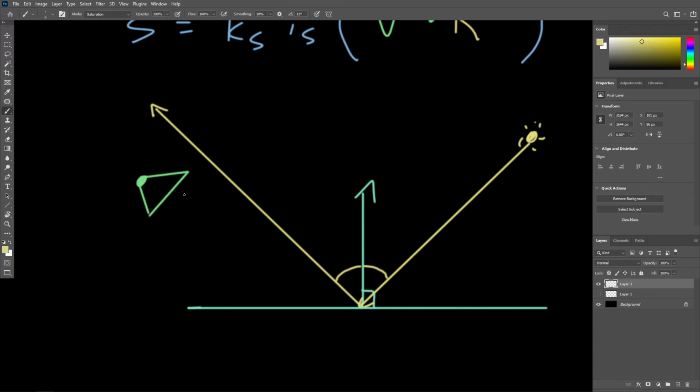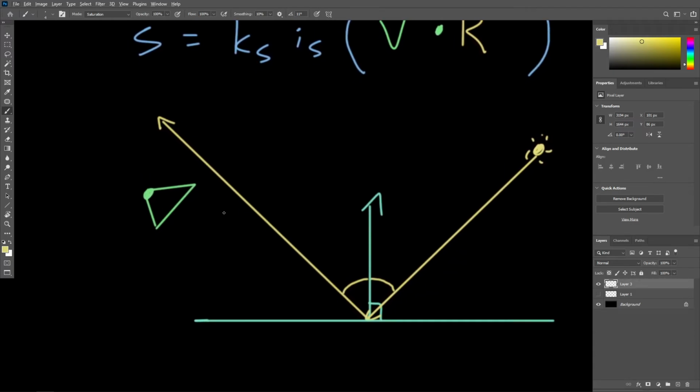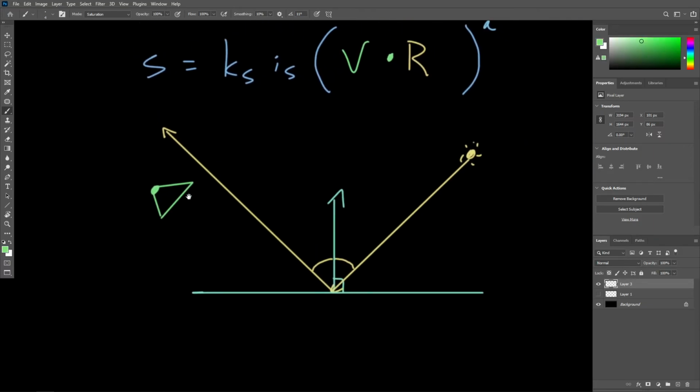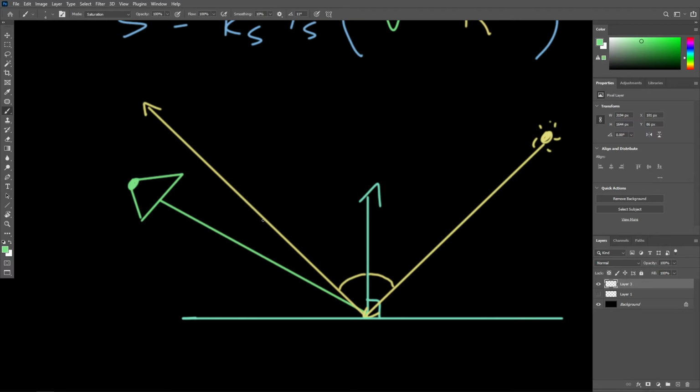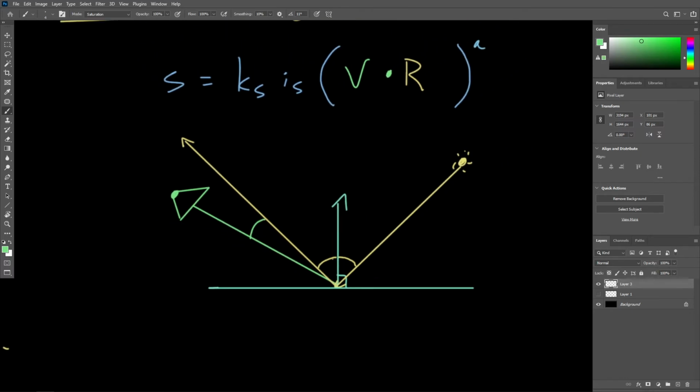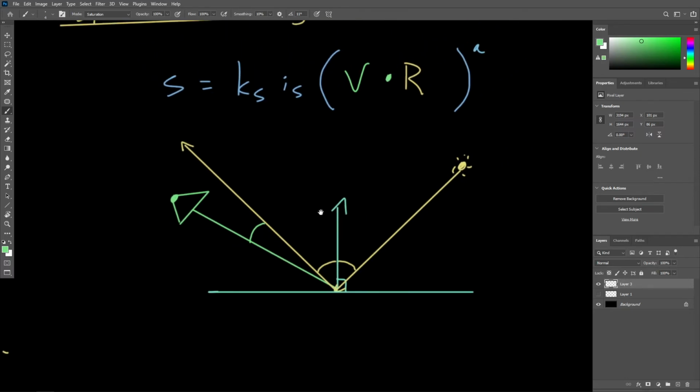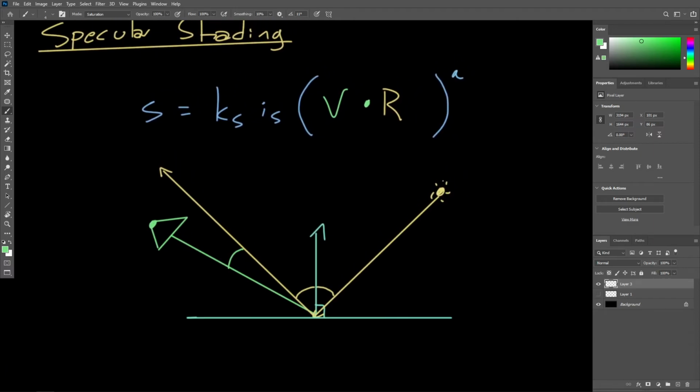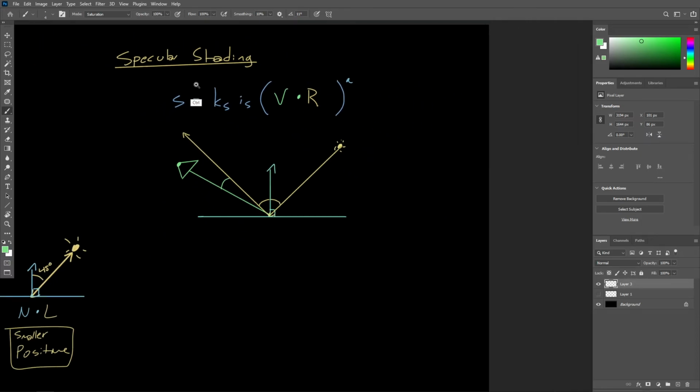However, we are not positioned at that ideal reflection vector, and instead we have a bit of a deviation from that ideal reflection vector. All right, and so this shows us why the view vector becomes important when talking about specular shading.